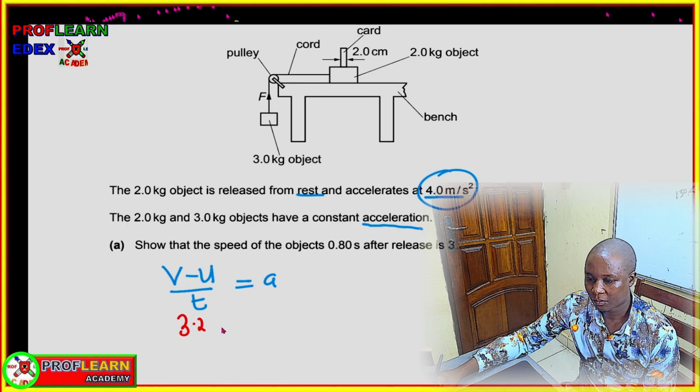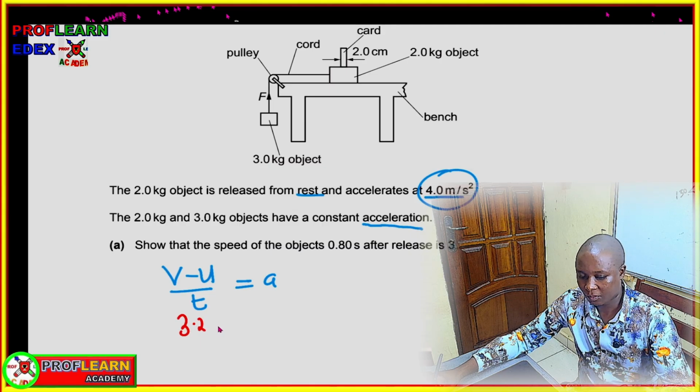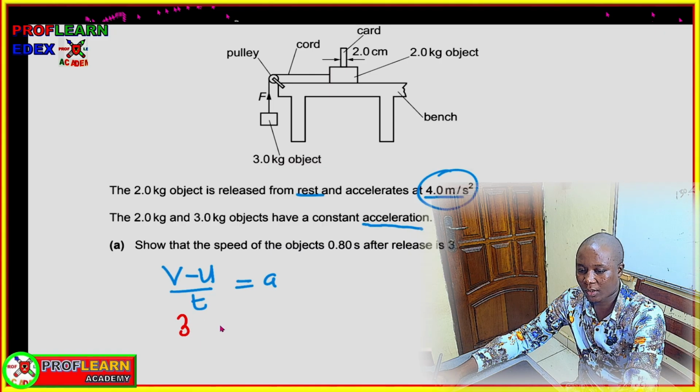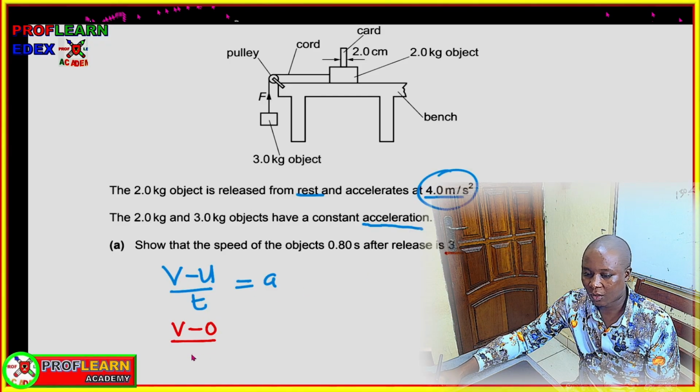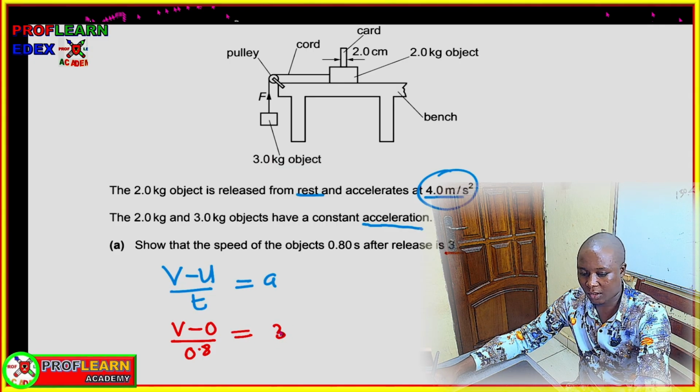We are trying to work out the speed in this case. So we are going to say v minus 0 over time, and the time is 0.8 in this case, to give us acceleration, which is 4.0.